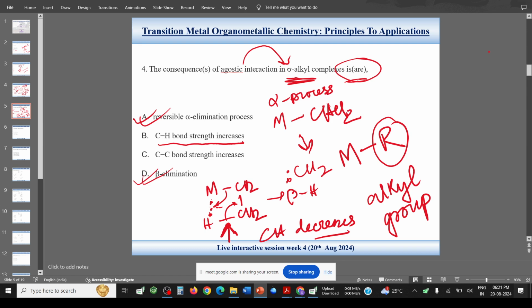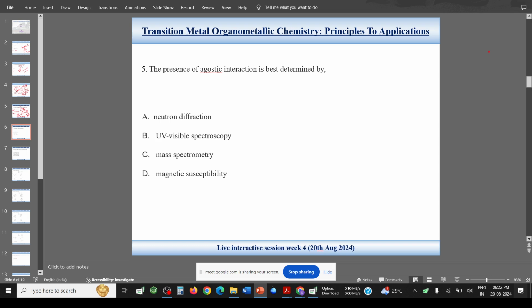Okay, so CH bond strength decreases, reversible alpha elimination process, and the beta hydride elimination are the three consequences of sigma alkyl complexes having the agostic interaction. Is this clear? Yes, sir. Okay.